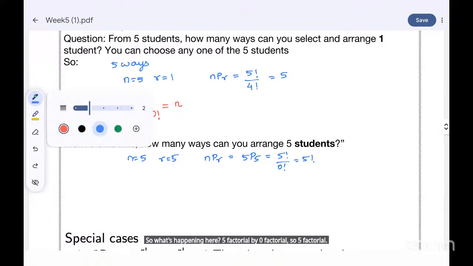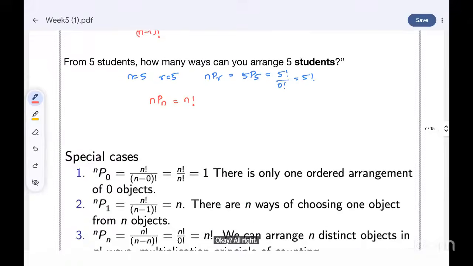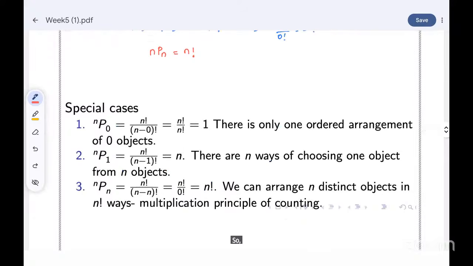Again you see nPn is n factorial. Okay. All right, so these are the special cases we have seen.